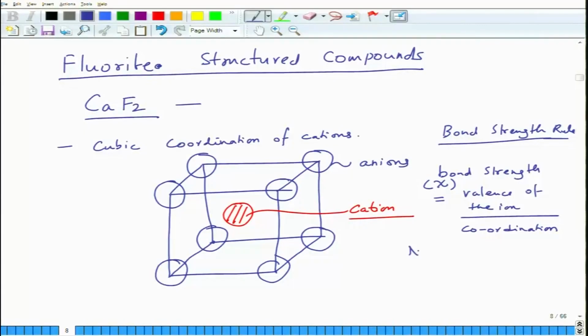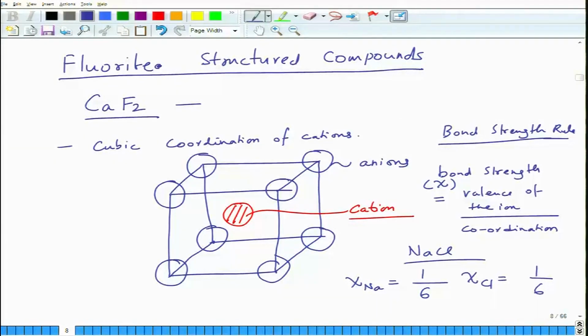Now calculate that for NaCl first. Chi Na: the valence of the ion was 1, the coordination number was 6. If you look at chi Cl, this was also 1/6. Same is true for ZnS.